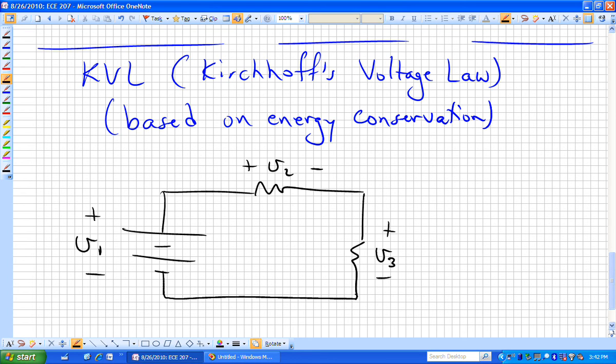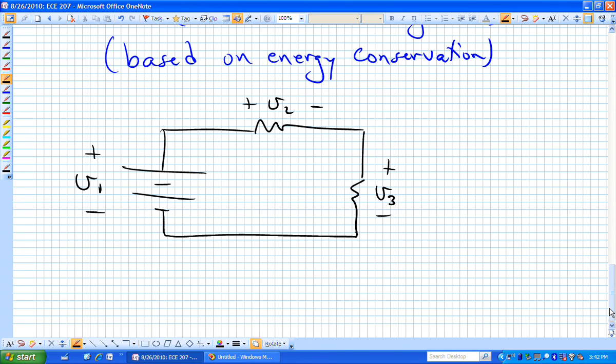It really doesn't matter how I label those per se, but if I'm going to label my current to go in this direction, that's usually the more consistent combination of current direction and polarity labels on the different resistors. Let's say I have power P1 for that element, power associated with that resistor, and a third power, P sub 3, associated with that resistor.